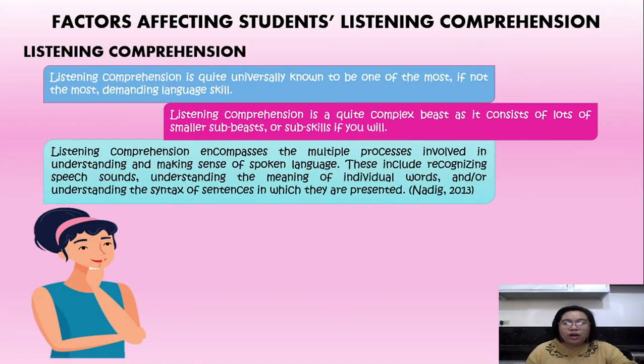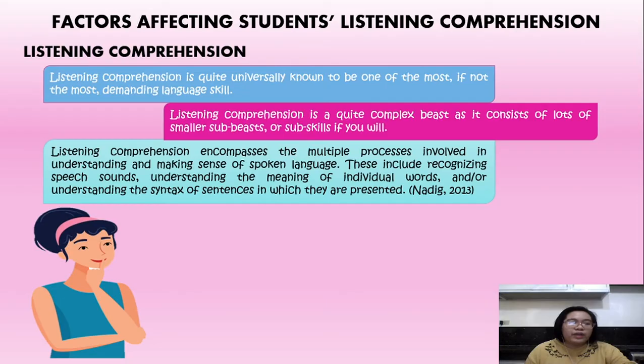So furthermore, according to NAVDIG 2013, listening comprehension encompasses the multiple processes involved in understanding and making sense of spoken language. This includes recognizing speech sounds, understanding the meaning of individual words, and understanding the syntax of sentences in which they are presented.